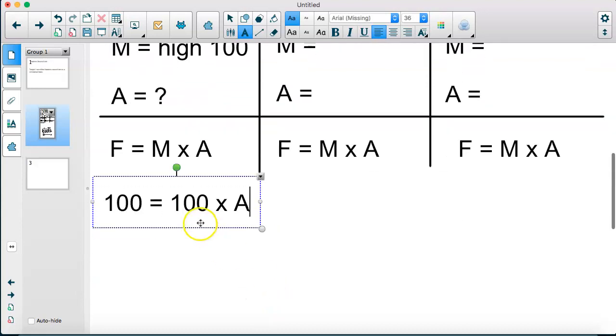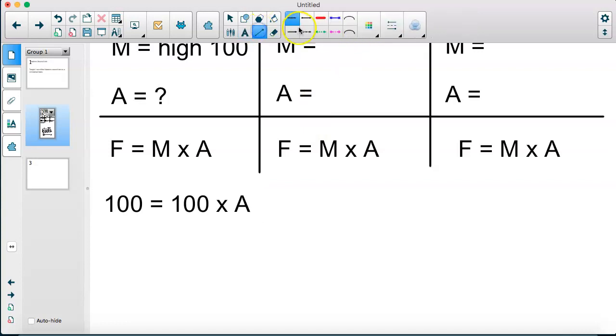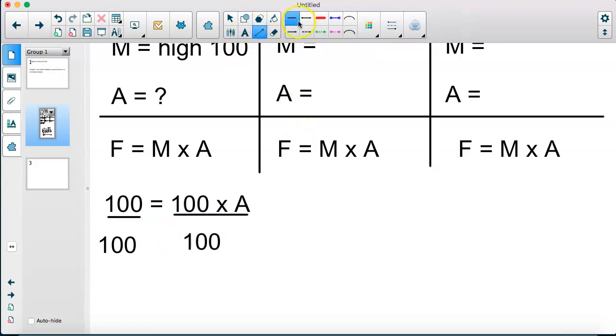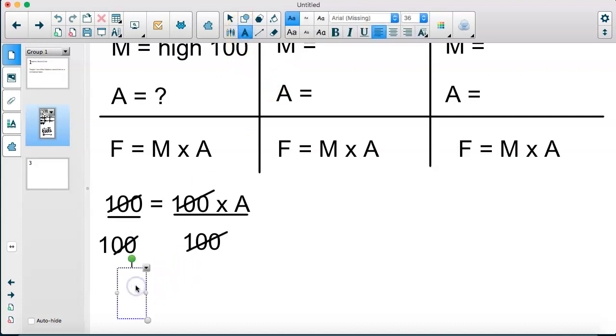So what I can do is divide both sides by 100. There we go. We're going to divide both sides by 100. And when we do that, those 100s cancel out, and we're left with the acceleration equals 1.